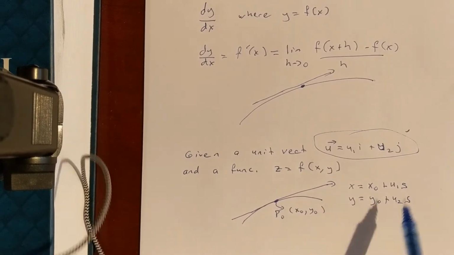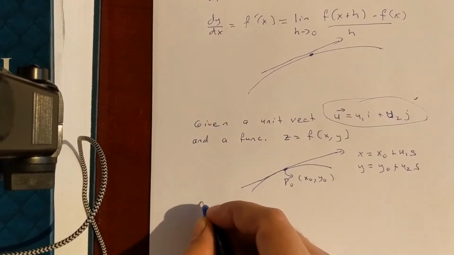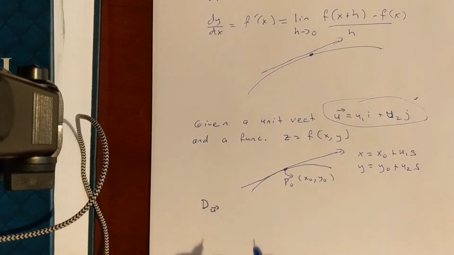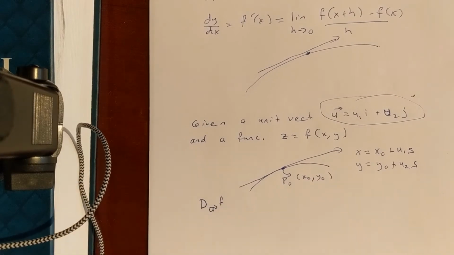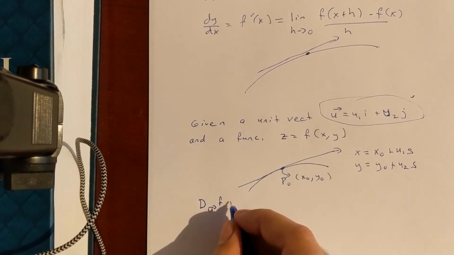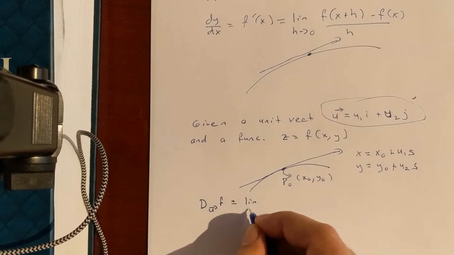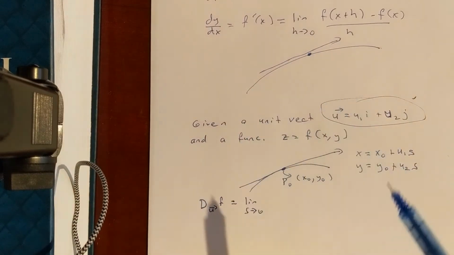Now, we have parameterized this. So what can I do to write down the derivative? We're going to write a big D, in the direction of the vector u, of f. You don't have to put the arrow if you don't want to. It is going to be the limit as s goes to 0. s is like my h here, it's going to go to 0.